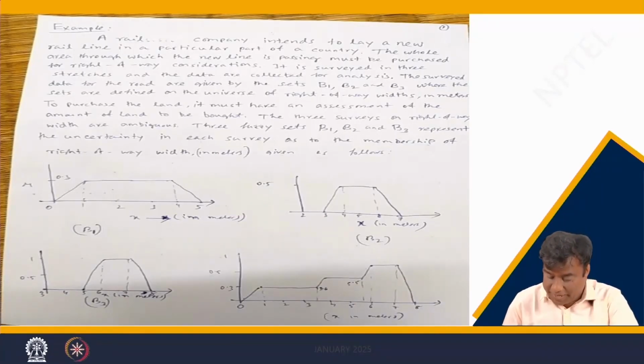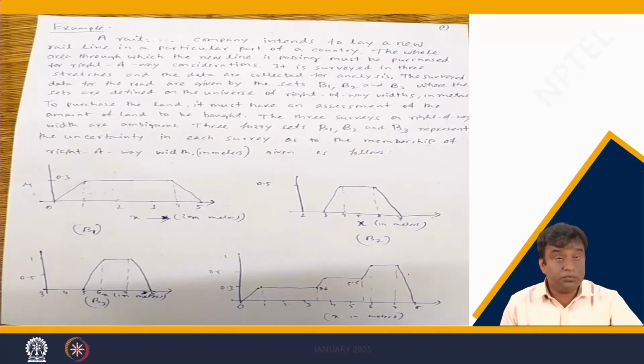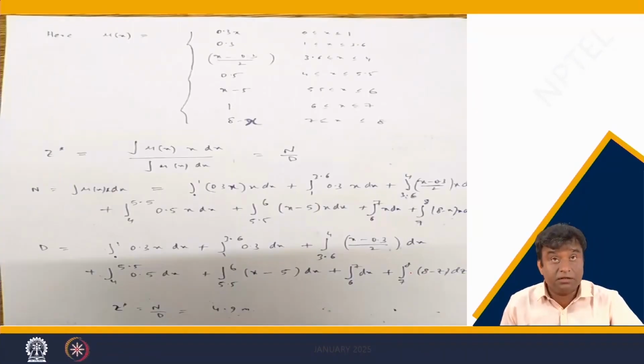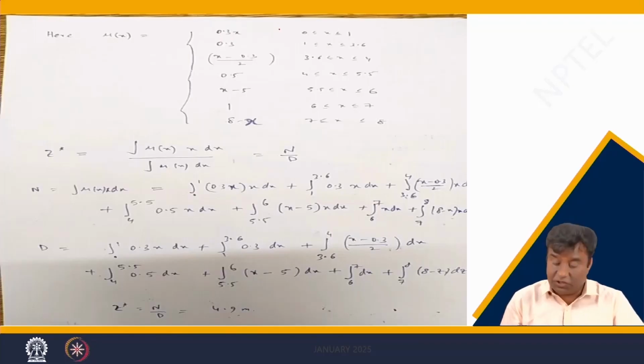So you need to combine all of these. Here the universe of discourse is x in meters. We need to find the defuzzified value. In a similar way, if we use the center of gravity method, you need to find the equation of each of the straight lines.